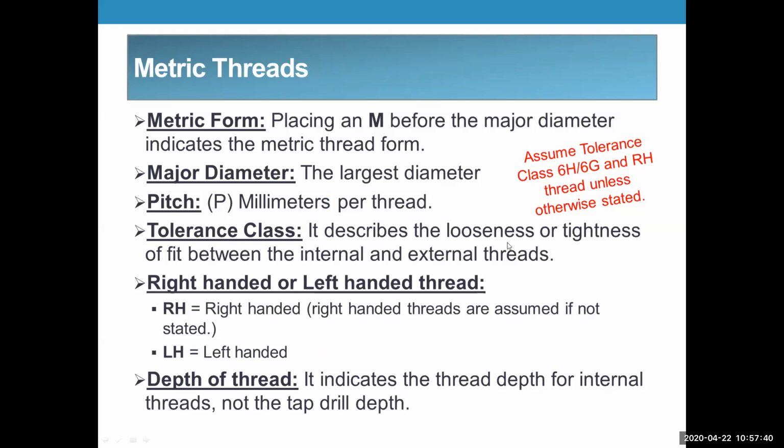Again, it just describes the looseness or tightness of the fit between the internal and external threads, kind of like what I had said previously, and just like the class in the unified column.